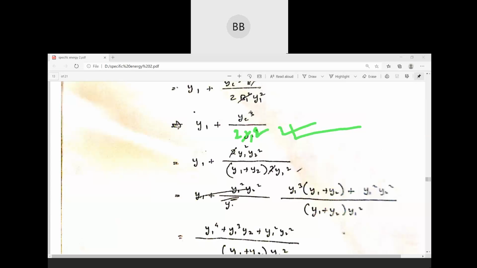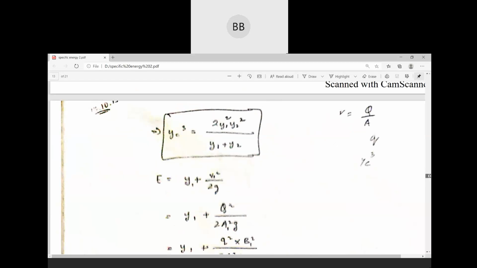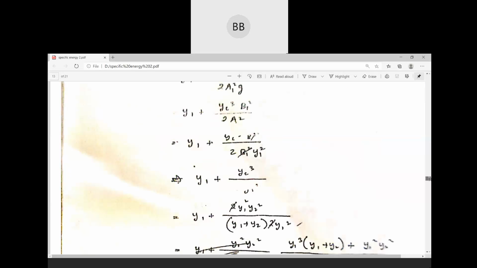Then we have to replace this yc cube by the expression that you have just now derived. For the first case, you have derived yc cube is equal to this. You have to substitute here. That means you cannot solve the second section without solving the first one.